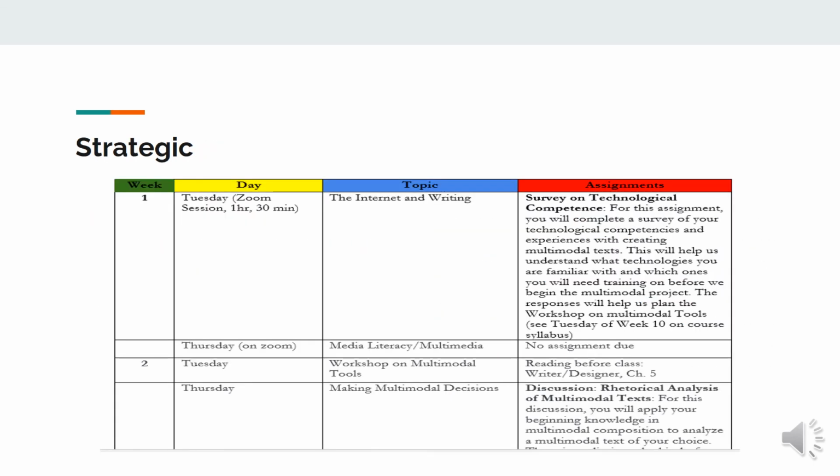And then also in terms of being strategic, I decided that instead of writing blocks and blocks of paragraphs, I would present some aspects of the information in the form of a table. So for instance, I indicated the weeks, the days, the topic, and then the assignment, right?